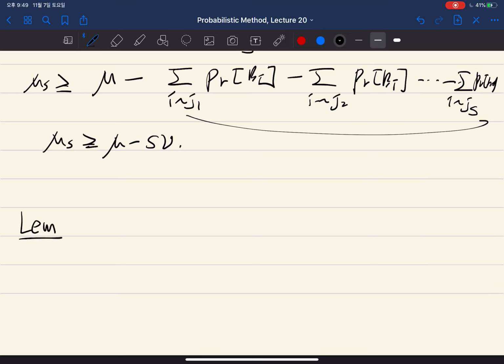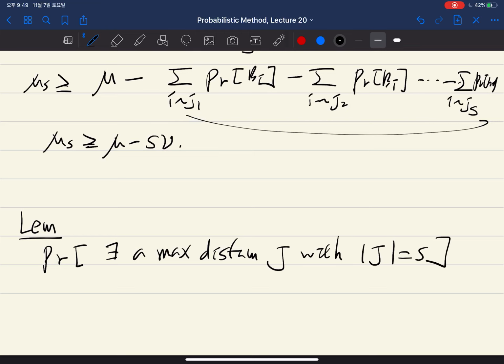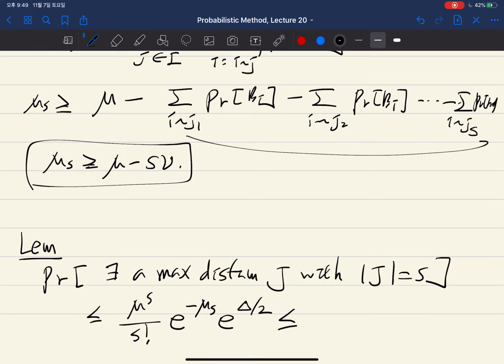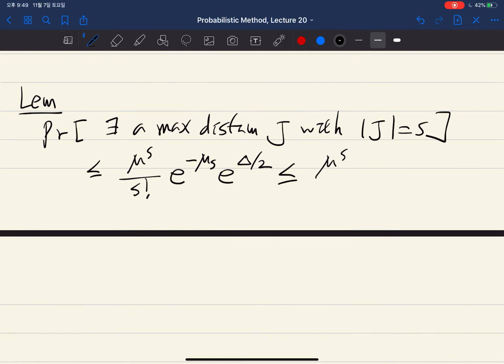So with this, what we can show is that the probability that there exists a maximal disjoint family J with size S is upper bounded by nu to the S over S factorial, e to the minus mu sub S, e to the delta over 2. Again, we use this inequality, then this is mu to the S over S factorial, e to the minus mu plus S nu, e to the delta over 2.